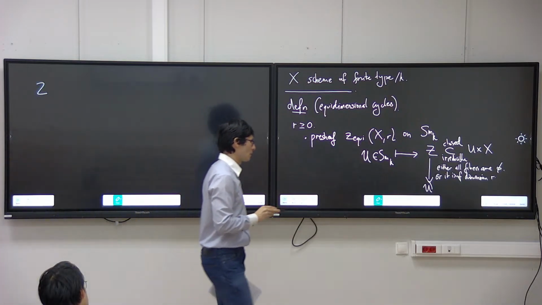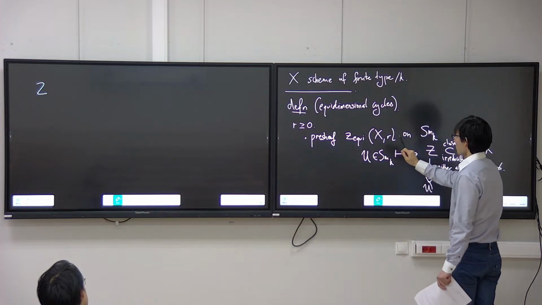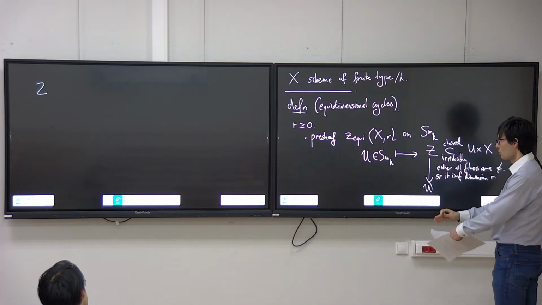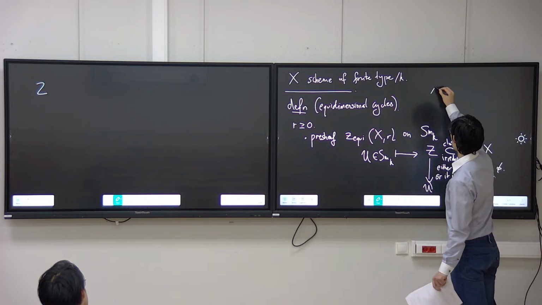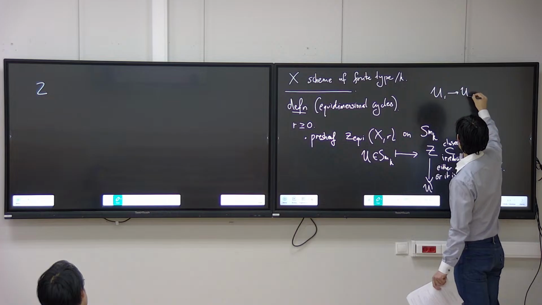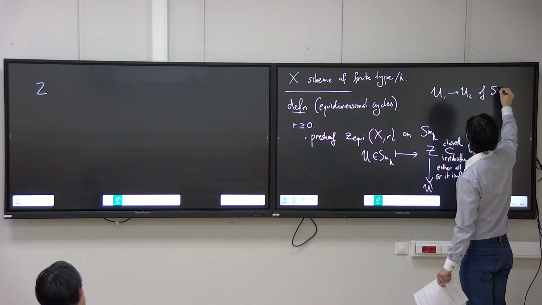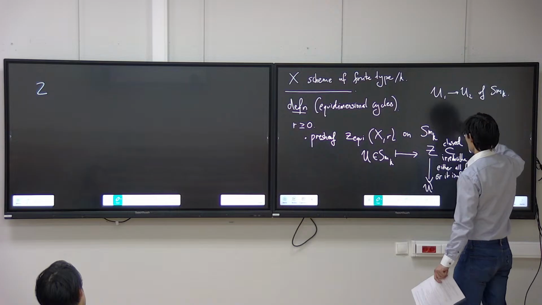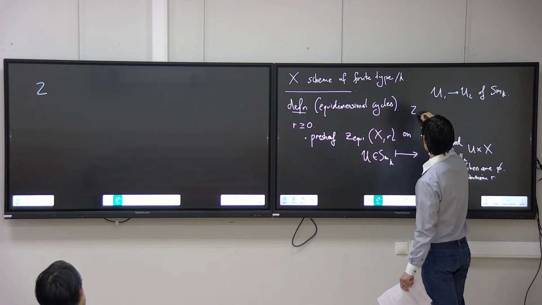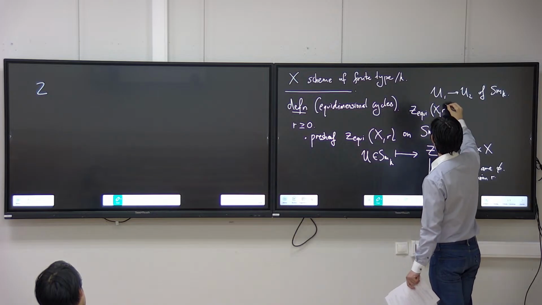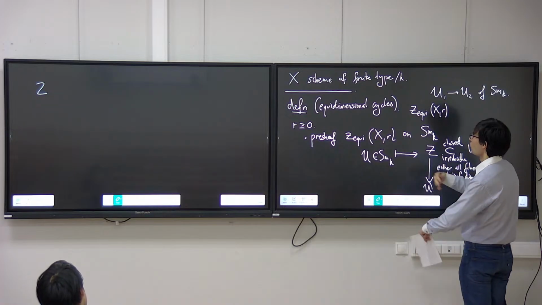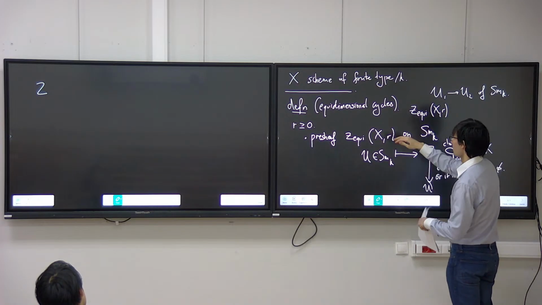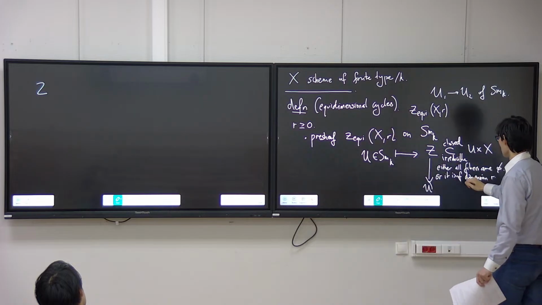Before I continue, I've defined what a section should be, right? But appreciate it's not just sections, I also need to give you morphisms. If I have a morphism U1 to U2 of smooth separated schemes, then I should give you a recipe to go from, let's say, equidimensional of dimension r. So careful, like in all previous notation, some index referred to a codimension, here it's referring to a dimension.